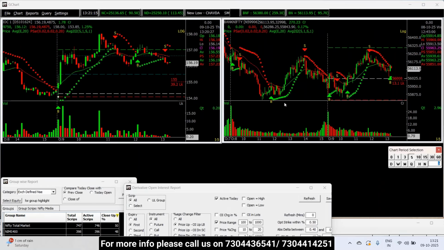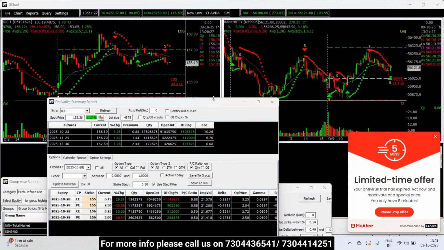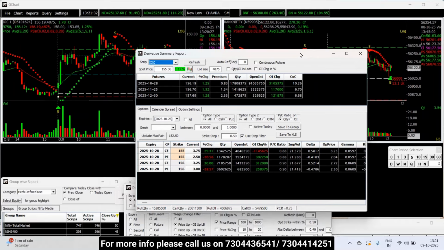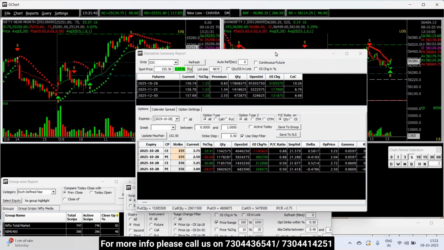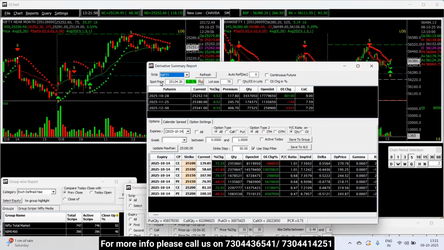And then, coming to the derivative report that we have in the software. Now I'm going to open the Nifty chart, and here I'm coming back to the Bank Nifty, and this is the derivative summary report of the Nifty.